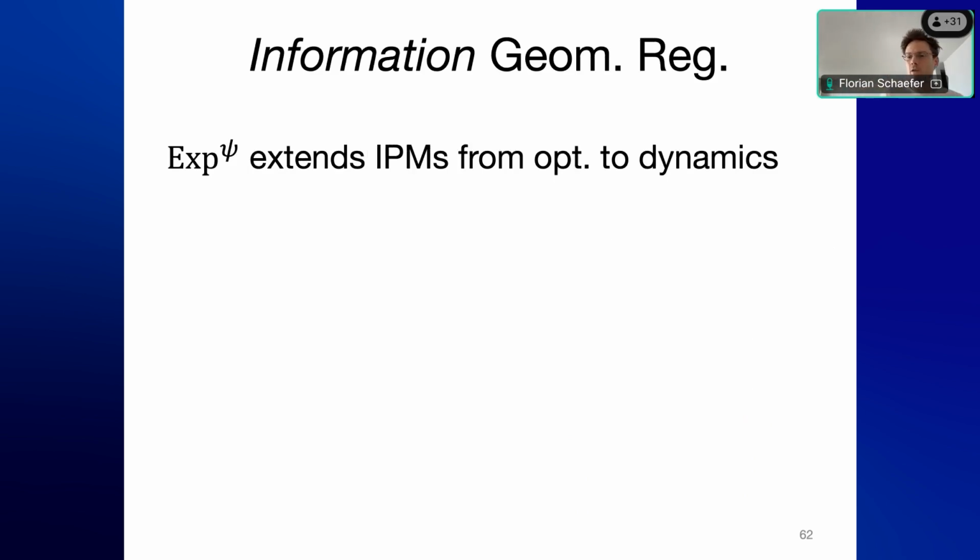I would very well understand if from what you've heard so far, you would think, oh, this might be kind of cute, but why is this called information geometric? Why is it not just called interior point method or something like that? Or sign indefinite diffusion method?